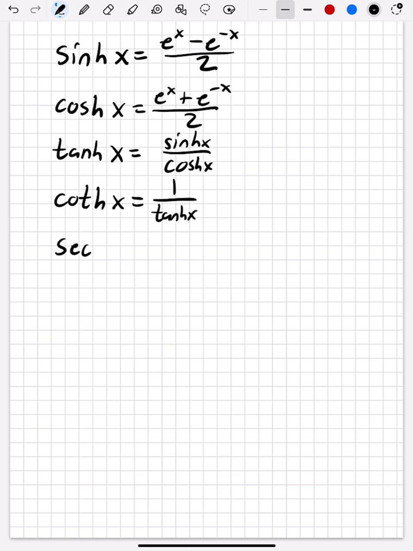Secant is 1 over the hyperbolic cosine of x. And then lastly, we have the hyperbolic cosecant of x is 1 over the hyperbolic sine of x. So you can see that these are still closely related to our traditional trig functions.